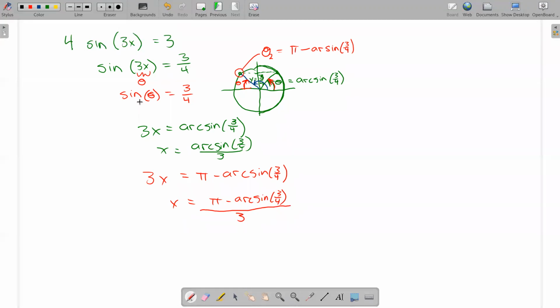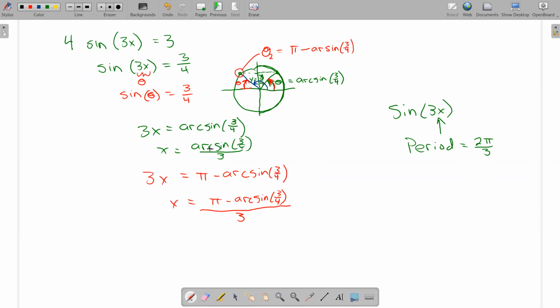And then I can keep generating more solutions here. Now that I've gotten down to x, I want to think about the sine of 3x for a minute. If I just consider the sine of 3x, that 3 changes the period. The period of this function is 2 pi over 3.